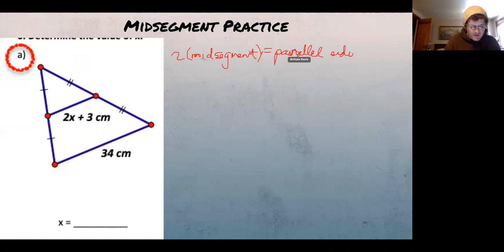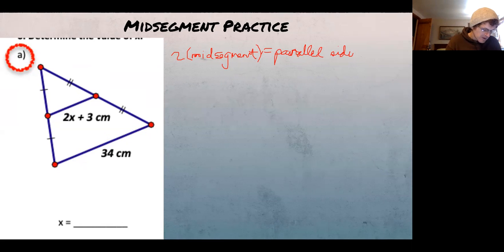All right, my writing doesn't look very good, but 2 times the mid-segment equals the parallel side. So obviously here's the mid-segment, and this is equal to 2 times that. So if I put a midpoint right here, this segment right here would be equal to this one. So that is equal to that. But okay, I don't know if that's helpful or not to see it that way.